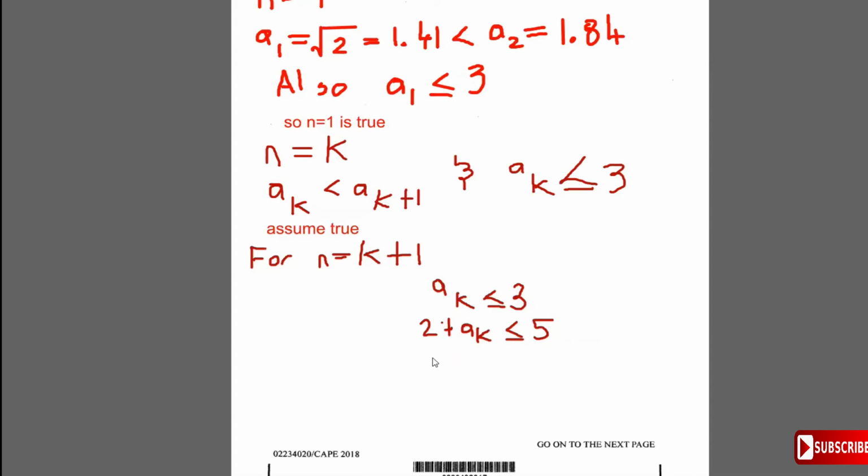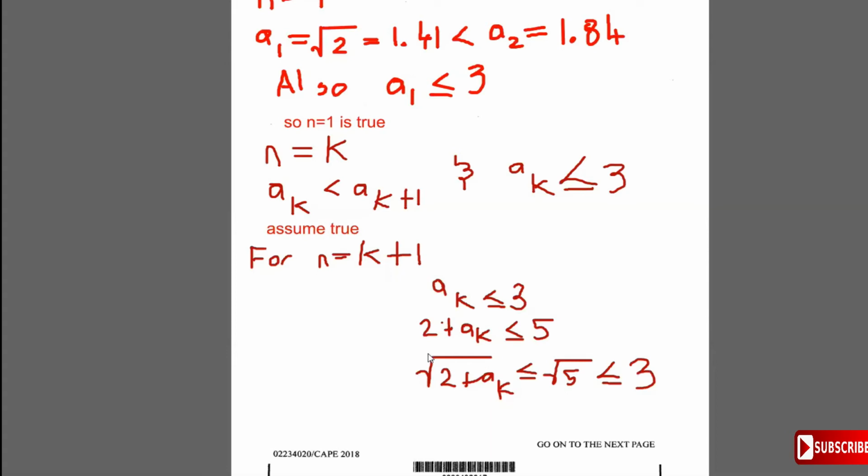Then we're going to square root both sides and say now that means that the square root of 2 plus ak is less than or equal to the square root of 5, and the square root of 5 is less than or equal to 3.